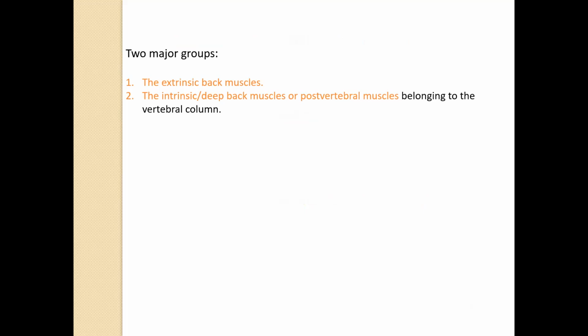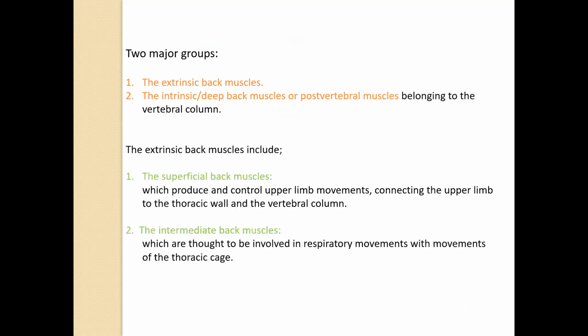Now we can further divide these extrinsic back muscles into superficial back muscles and intermediate back muscles. Superficial ones are the muscles which produce and control upper limb movements. So they connect the upper limbs to the thoracic wall and the vertebral column.